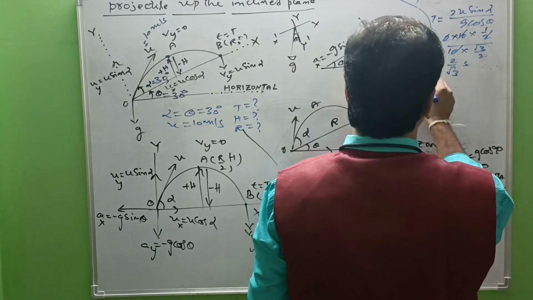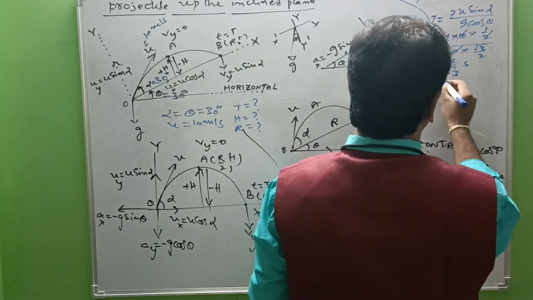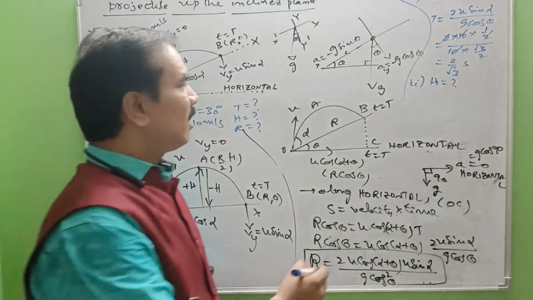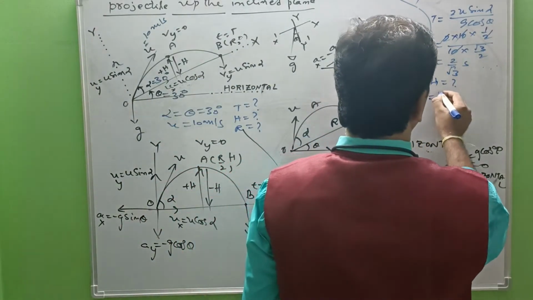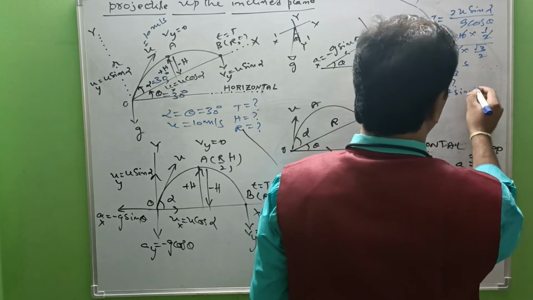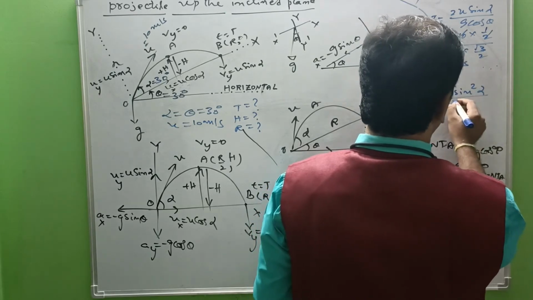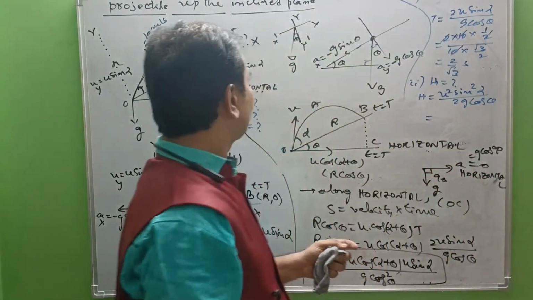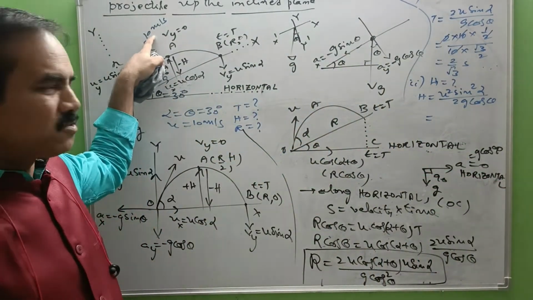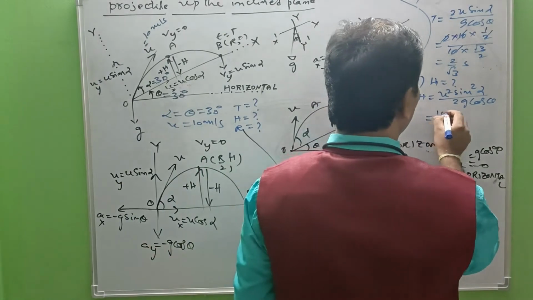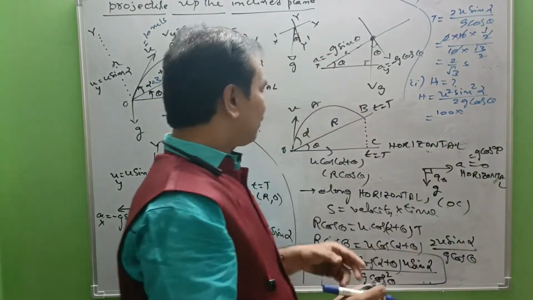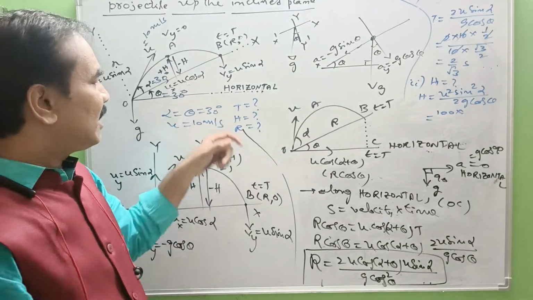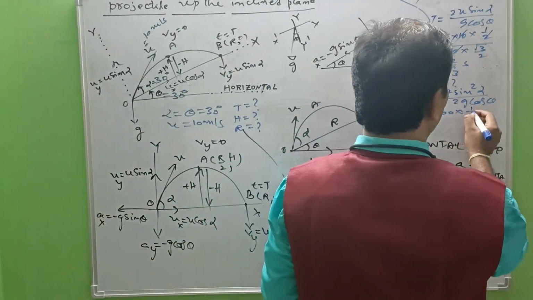Next, number 2, maximum height. How to find maximum height? What is the expression for maximum height? h equals U square sin square alpha by 2g cos theta. U square is 10 square, that is 100, into sin square alpha. Sin 30 is 1 by 2, so sin square alpha is 1 by 4.